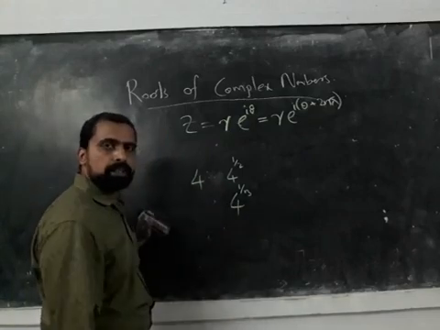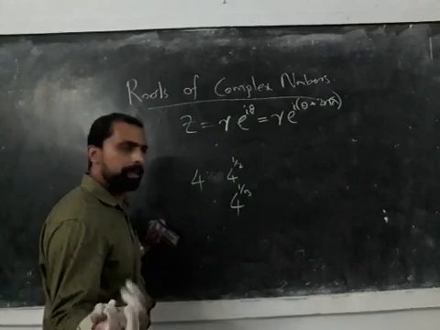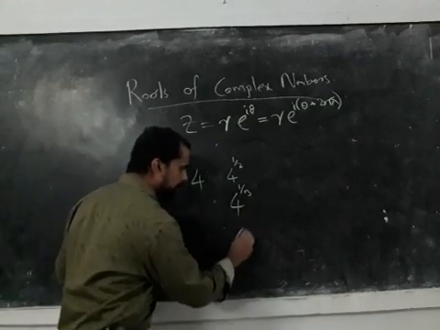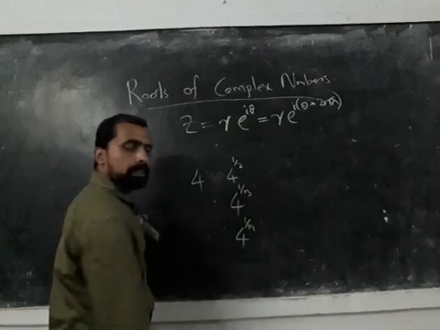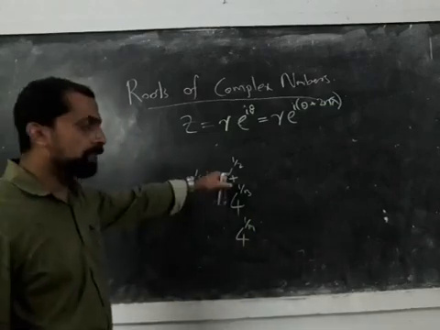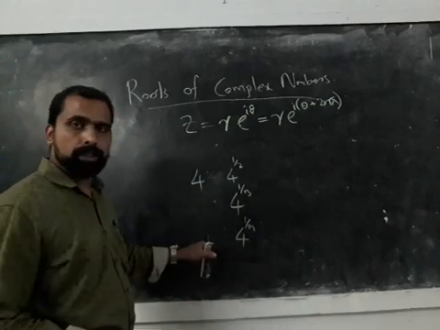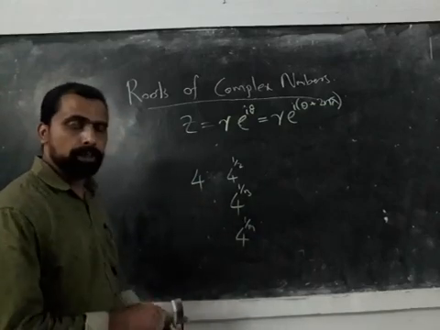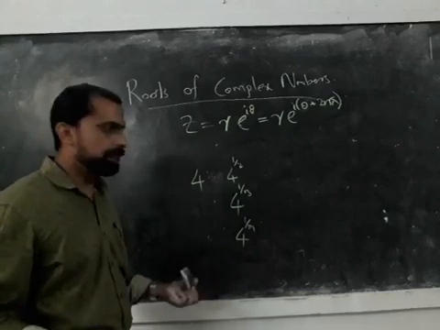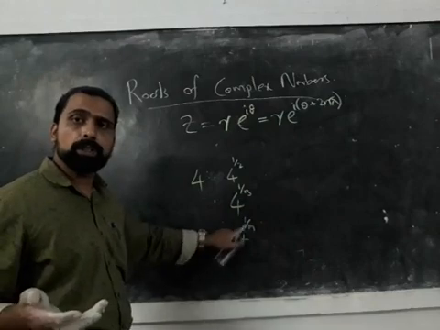See, if you want to get the mth root for any number m, then what do you do? 4 raised to 1 by m, isn't it? Okay. So whether you need square root or cube root or fourth or fifth, whatever, the mth root, then I have to take 4 raised to 1 by m.